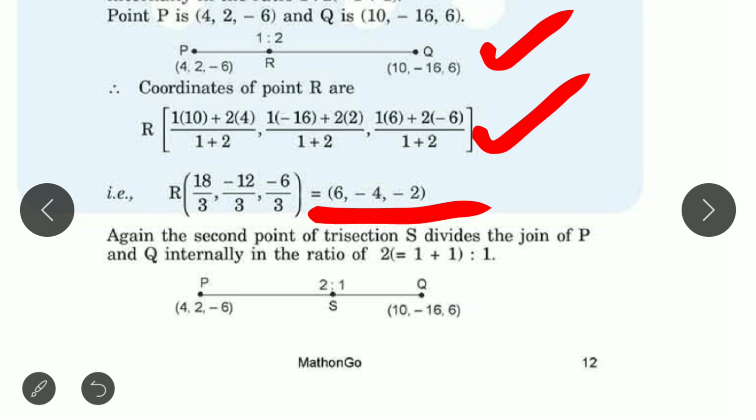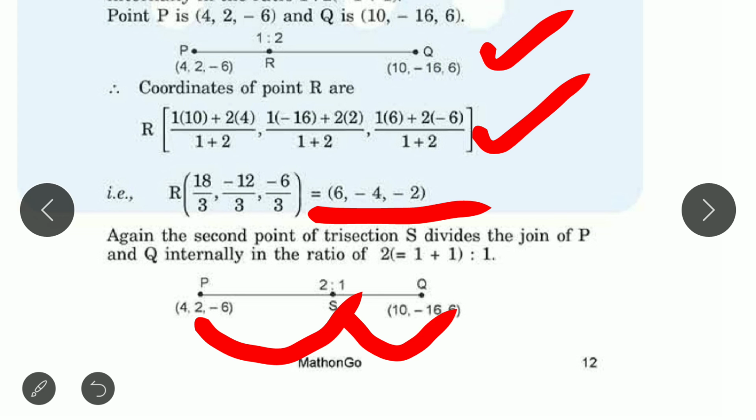Now, we again go back to the diagram and this time we forget about the point R. We consider the point S. If we consider the point S, then what do we see? That the ratio PS is to SQ is 2:1.